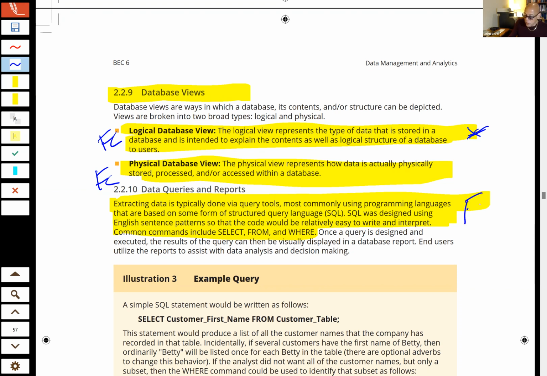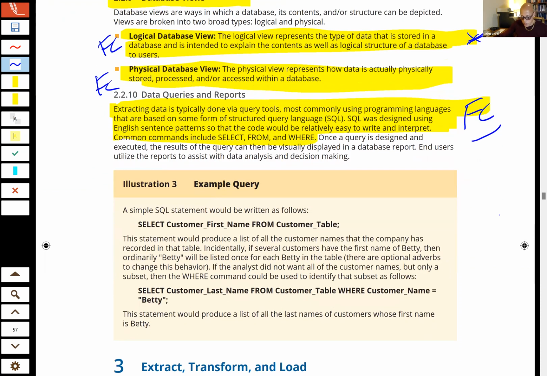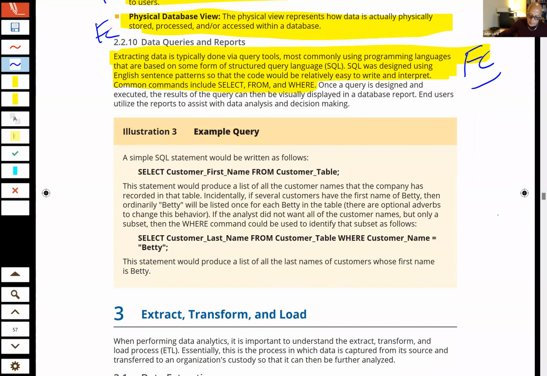So you can go ahead and flashcard what we mean by SQL, and then they give us an example query, where we write: select customer first name from customer table, select customer last name from customer table, where customer name equals Betty, etc. So you can use those terms.